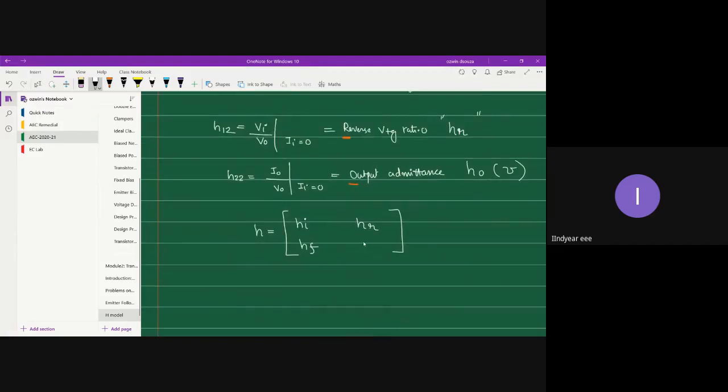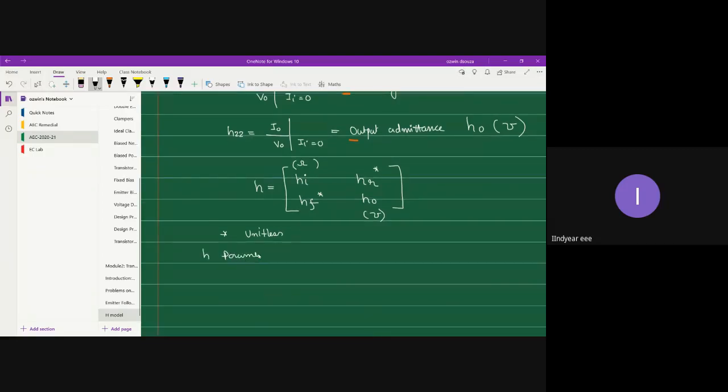And H22 is your HO. If you observe carefully, the unit of HI is ohm and the unit of HO is Siemens or mhos. On the other hand, HR and HF, I'll just write star, are unitless or dimensionless.